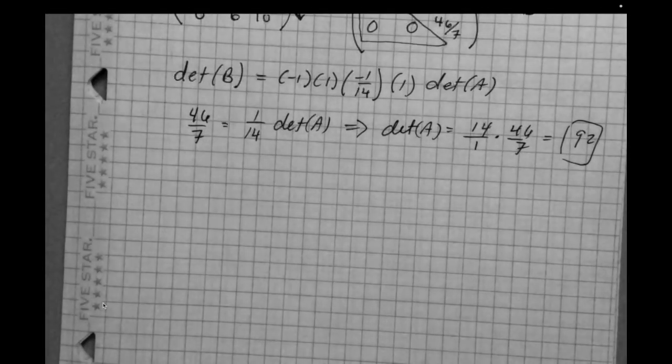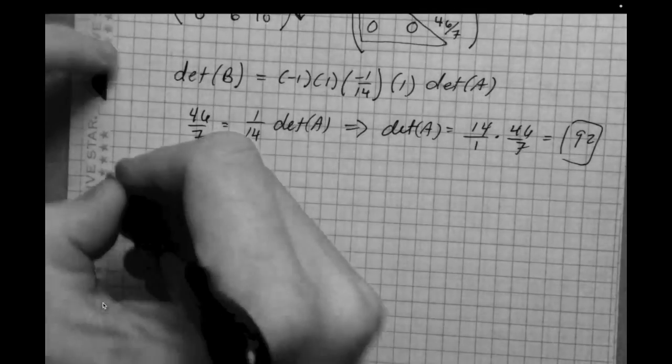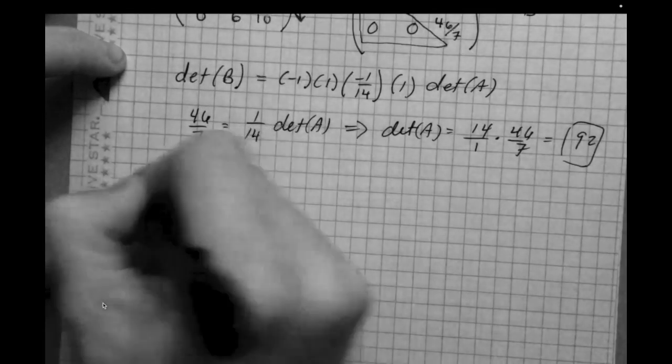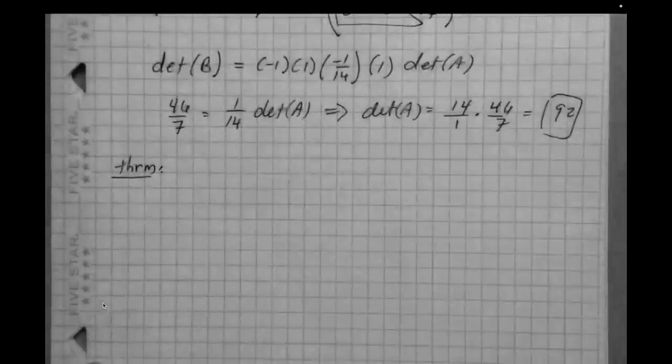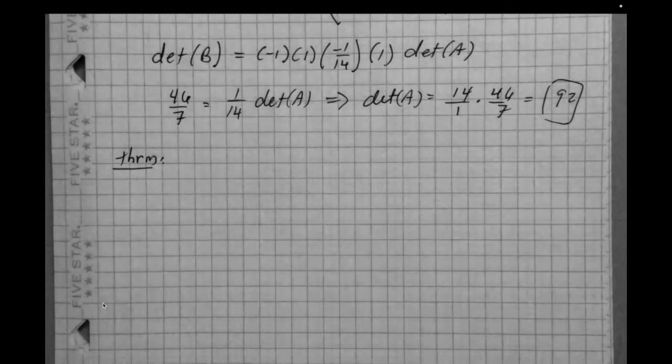Okay. Excellent. And so one last thing we want to talk about is this theorem. This theorem is going to give us an alternative way of determining whether an inverse exists.